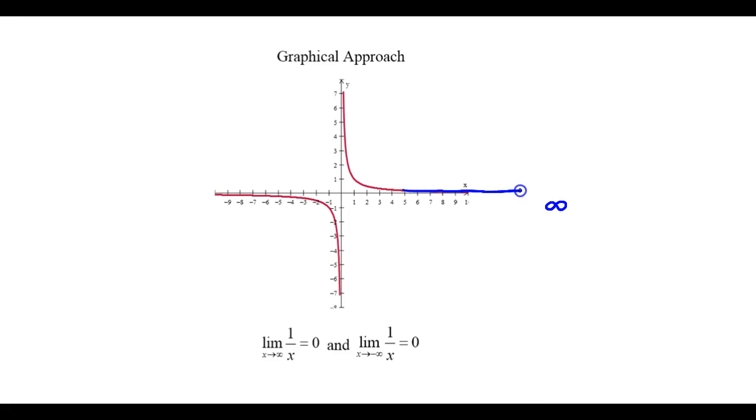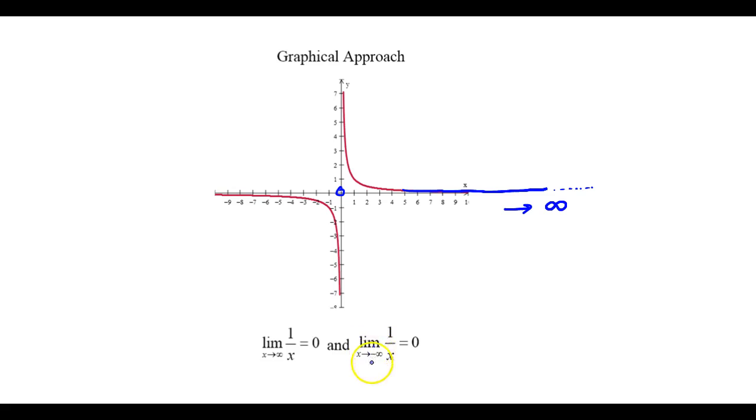Look, it's getting closer and closer to a y value of 0. Remember, limits are all about the y value. What y value am I getting closer to? As x heads this way, my y values are getting closer and closer to 0. So that matches our numerical approach that the limit as x approaches infinity of 1 over x is 0.